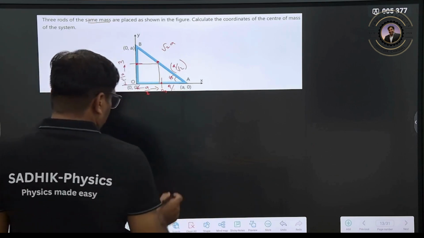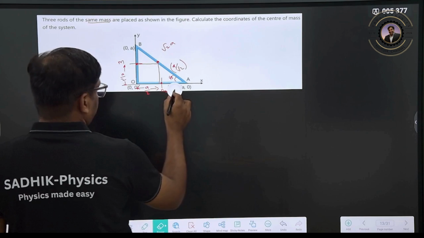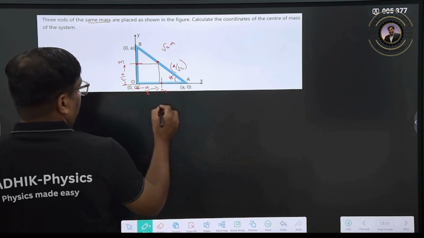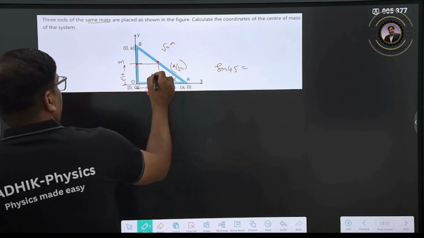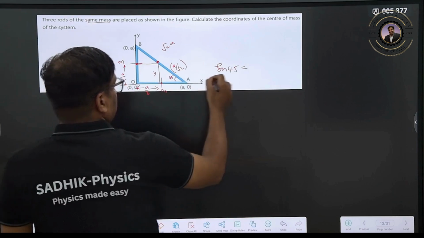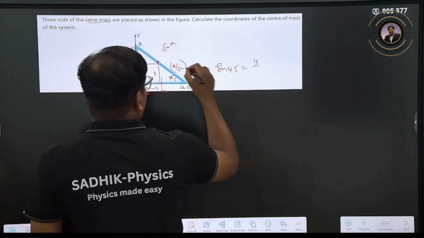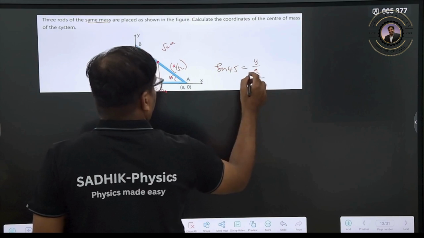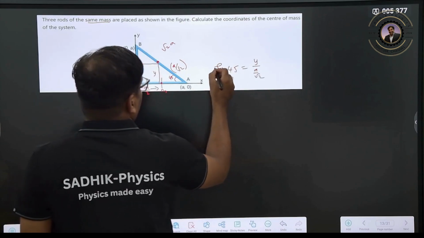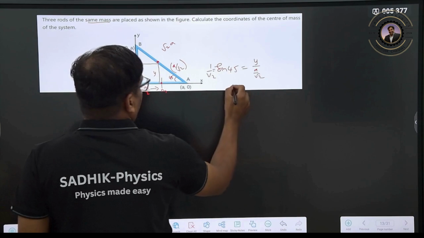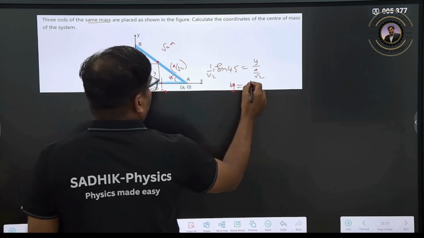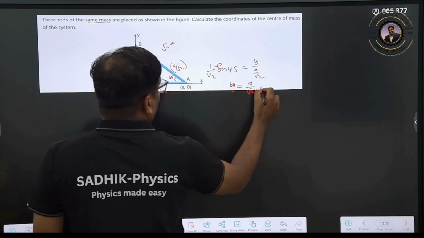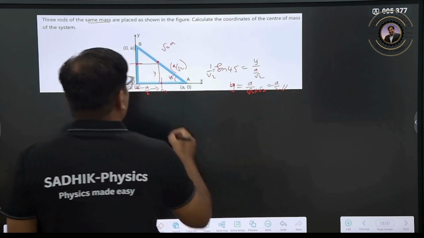So you can rewrite it with sin 45, opposite side by hypotenuse, A by root 2. Sin 45 is 1 by root 2. Suppose this distance is y, then y equals A by root 2 into 1 by root 2, therefore A by 2. This is also A by 2.